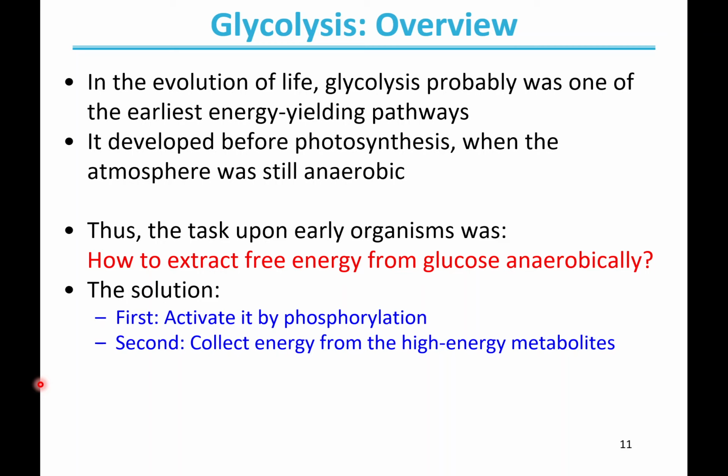Glycolysis doesn't require oxygen, so anaerobic organisms can still use it, unlike the main respiratory chain, the electron transport chain in the mitochondria, which requires oxygen. So early organisms on the planet had the task of extracting free energy from glucose anaerobically.